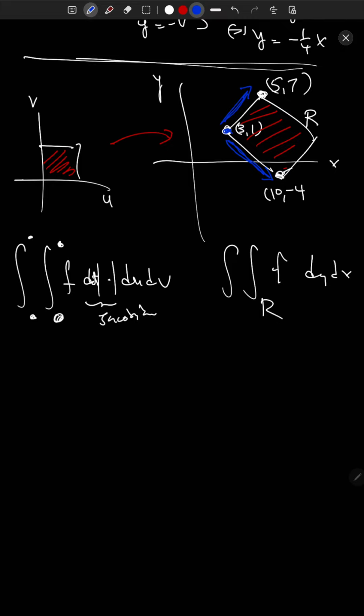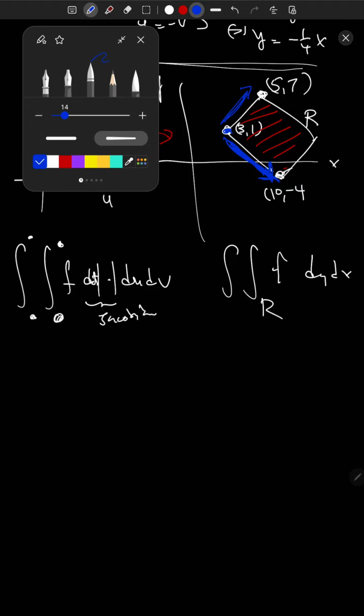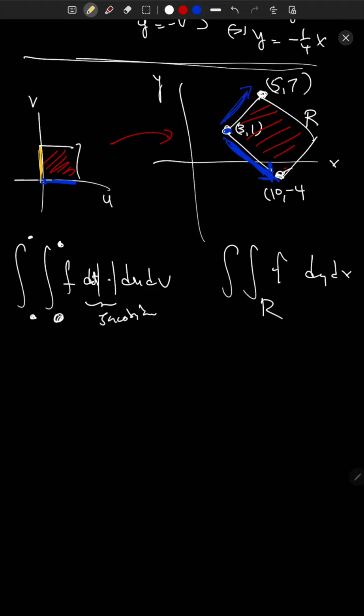I'm going to make 0, 0 go to 3, 1, this horizontal line segment go to that segment of the parallelogram, and this vertical line segment go to that part of the parallelogram.